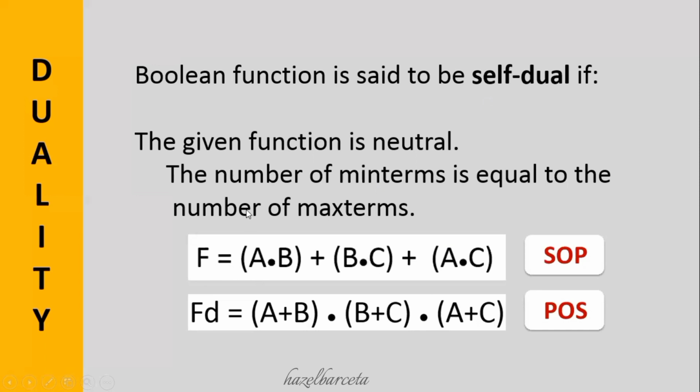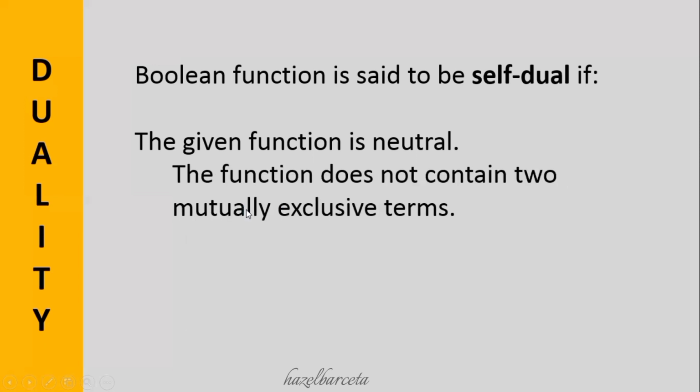Okay? So, that is one. Next. The function does not contain two mutually exclusive terms. Hihilo na po ba tayo sa dami ng lumalabas na bago? So, okay lang po yan. Ida-digest naman po natin. Hindi naman po natin isusubo ng buo.